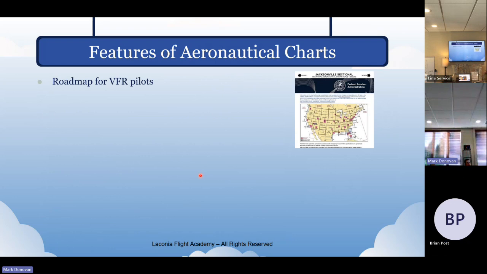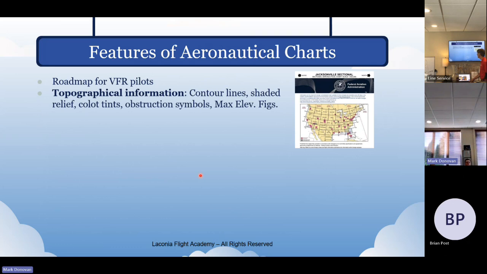Again, aeronautical charts, the roadmap for VFR pilots. That's what these sectional charts are. Topographical information. They do show some information about field elevations or elevations of the area. These big blue numbers you see throughout the map are called maximum elevation figures. They tell you what the highest object is.